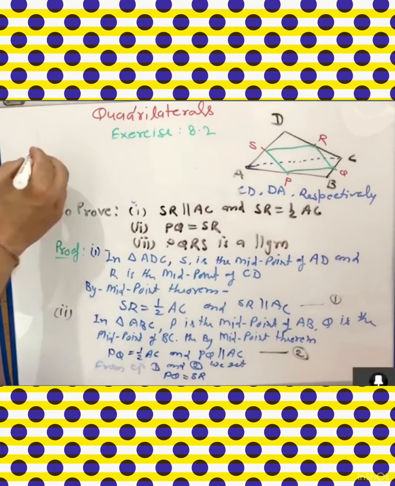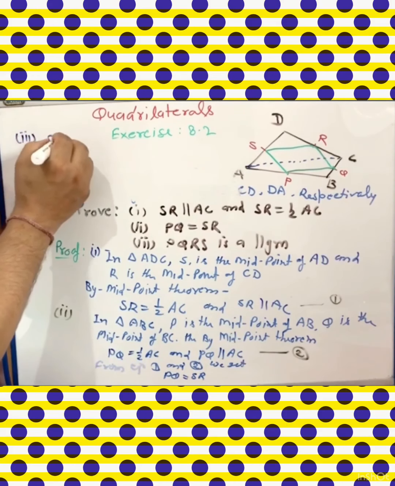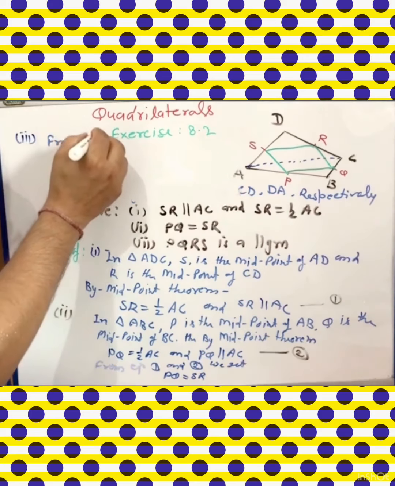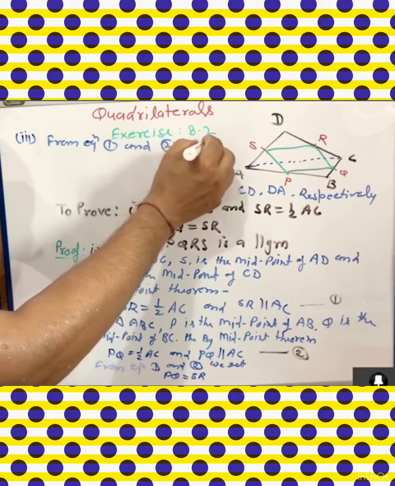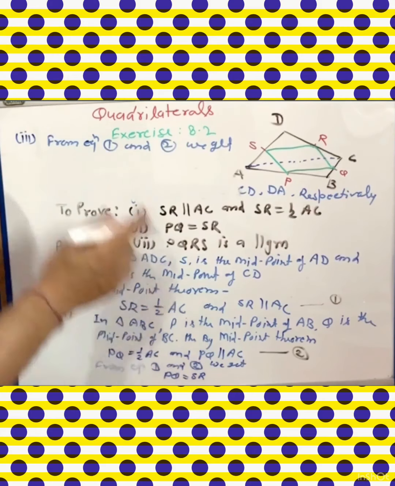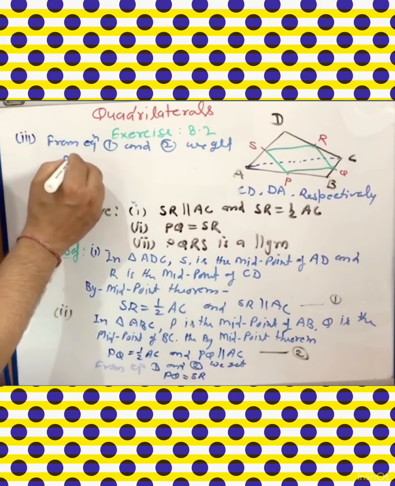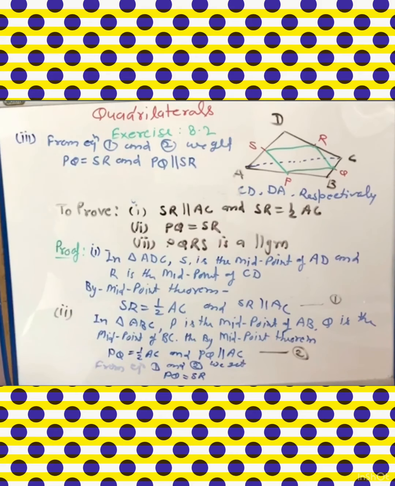So you will write for part number third: from equations first and second we get PQ equal to SR, they are equal and parallel, then you can say that the quadrilateral is a parallelogram.